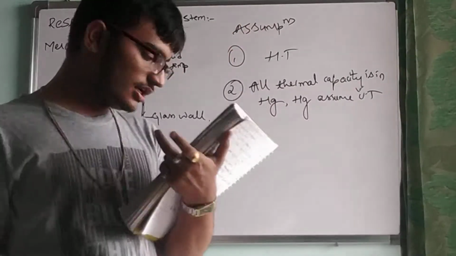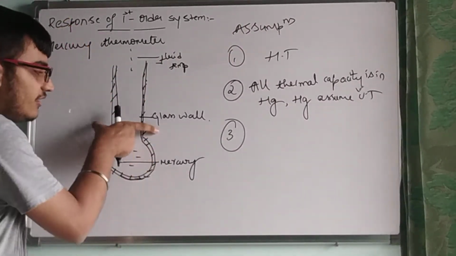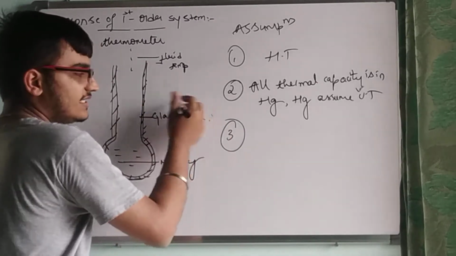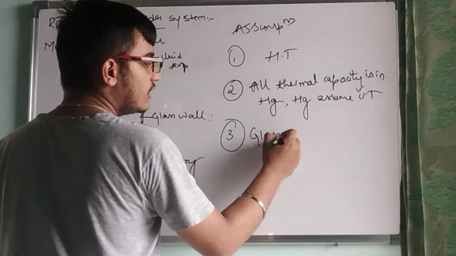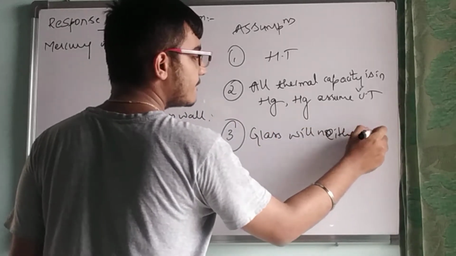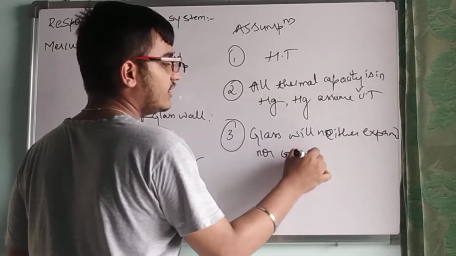And the glass does not expand or contract during the response. Whenever you put this thermometer in contact with any fluid, the glass wall will neither expand nor contract during the response.